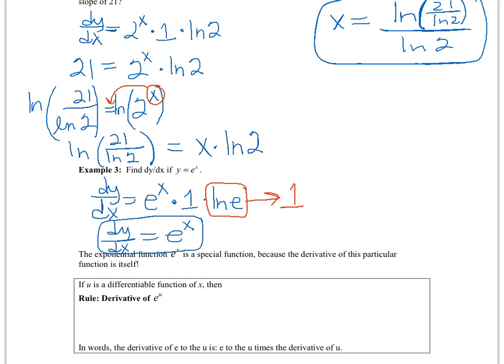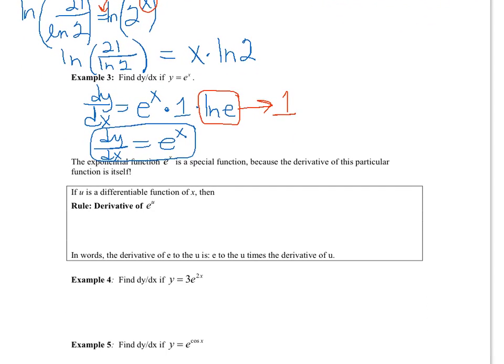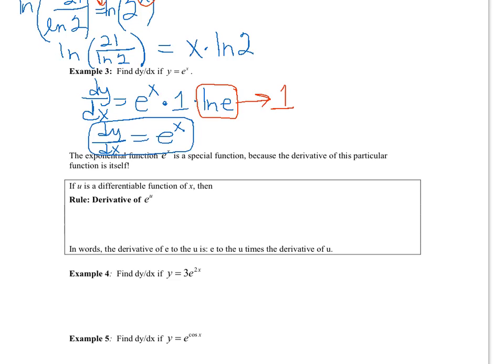So we can take this and apply it one step further and make that a special rule so that if we take the derivative of e to the u, it's just going to be e to the u times the derivative of that exponent. So that natural log of the base goes away because the natural log of e is just 1.